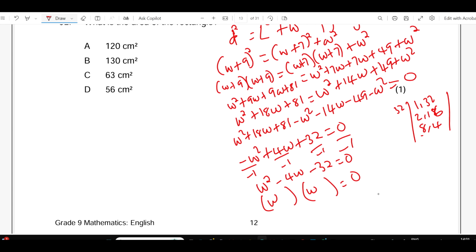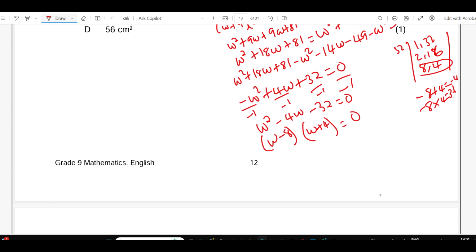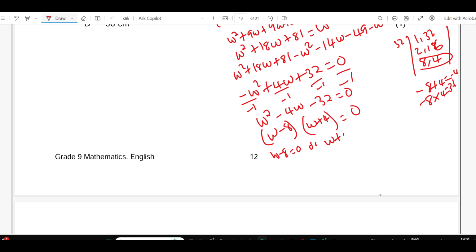So I will use 8 and 4 because minus 8 plus 4 is minus 4, and minus 8 times 4 is minus 32. So w minus 8 equals to 0, or w plus 4 equals to 0. So w equals to 8 or w equals to -4.